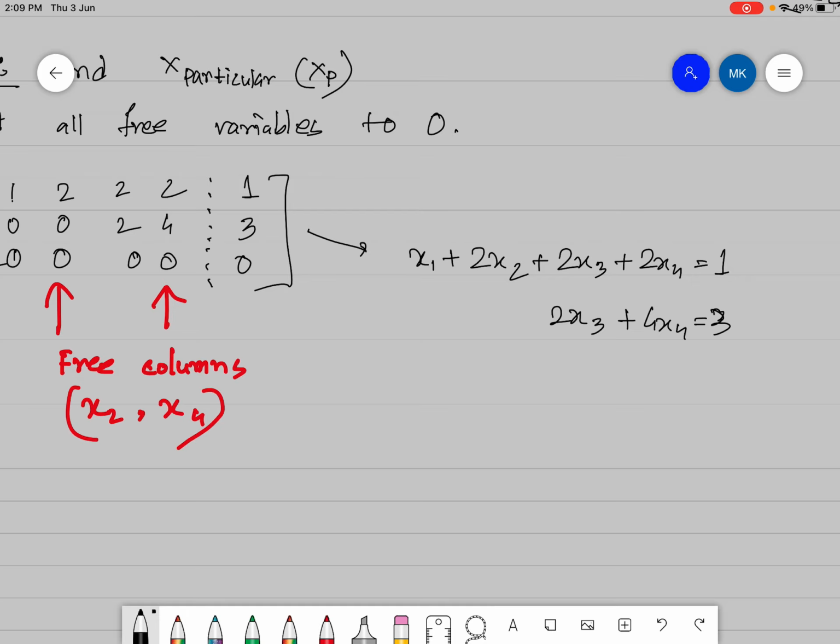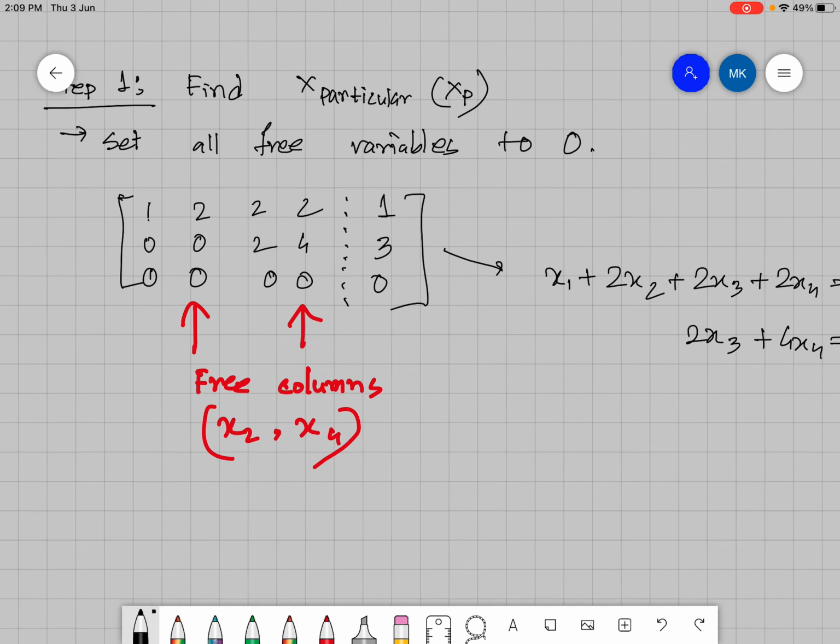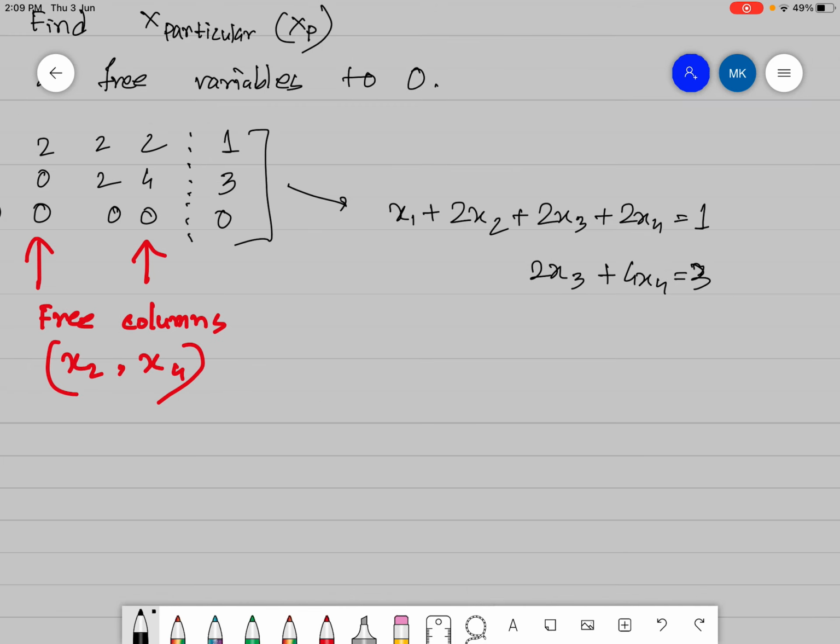But the condition is you have to assign all free variables to 0. So our two equations would be x1 plus 2x3 equals 1 and 2x3 equals 3.